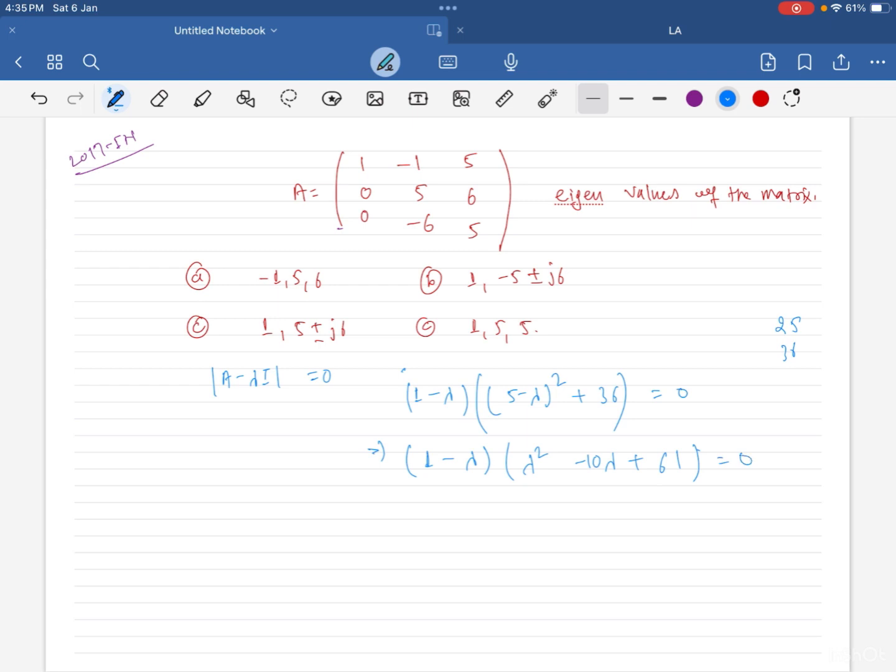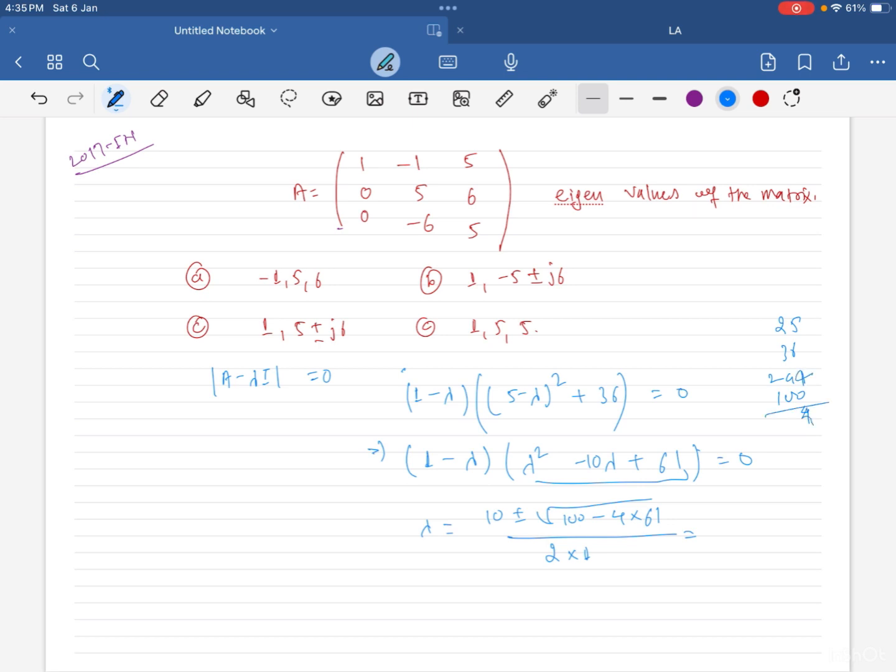Okay, so we have to factor it out. It is going to be minus b plus minus root over b squared minus 4ac, where c is 61, divided by 2a, where a is 1. So 100 minus 244, right?